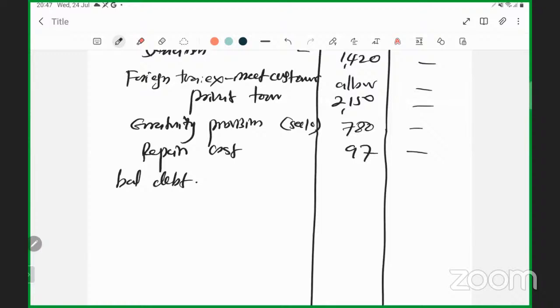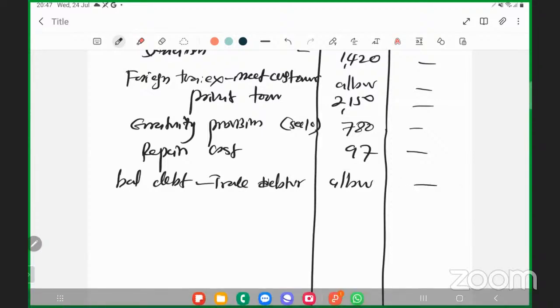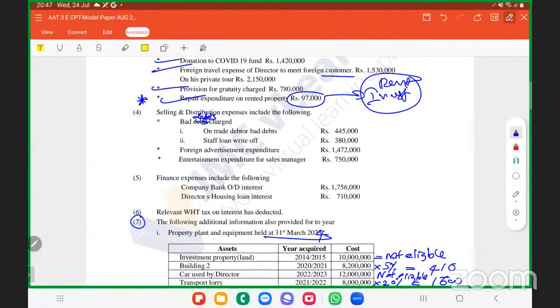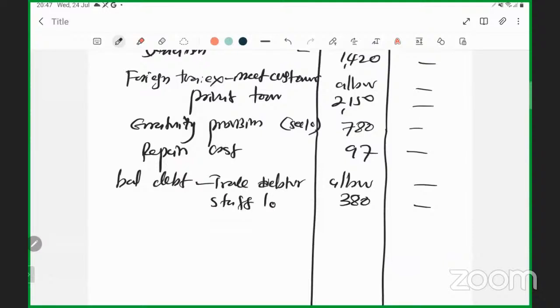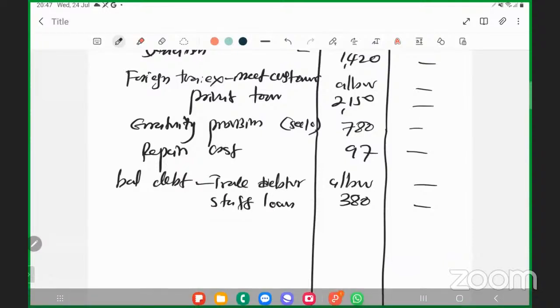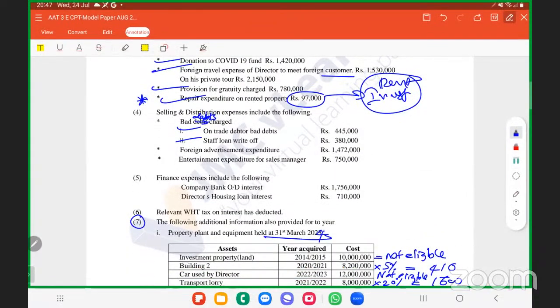So here the bad debts on trade debts, allow actual. If something is given, they have not taken reasonable action to recover that, you cannot. But that staff loan write-off you cannot deduct. Therefore, 380 you have to add back. Staff loan, the bad debts only you can deduct for actual bad debts which incurred for the trade debtors.